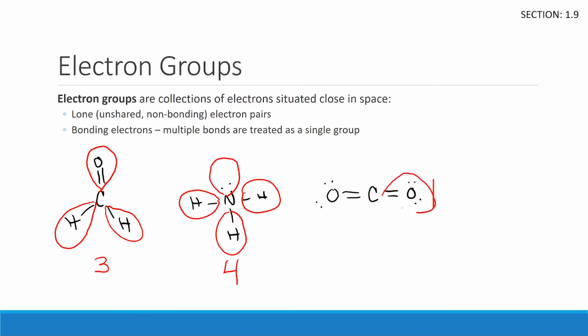Remember, double bonds count as one. And it forms a bond to the oxygen on its left. So it is only making connections and has 2 electron groups. That's how you count the electron groups. Electron groups are going to give you the shape of the molecule, so based on the number of electron groups, you can figure out the shape.